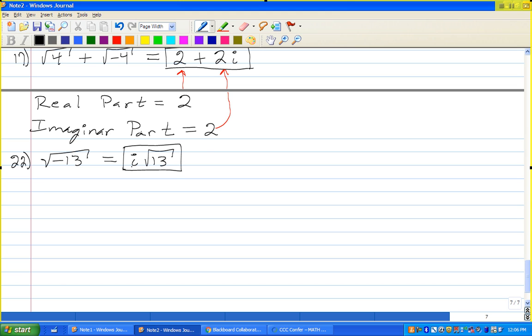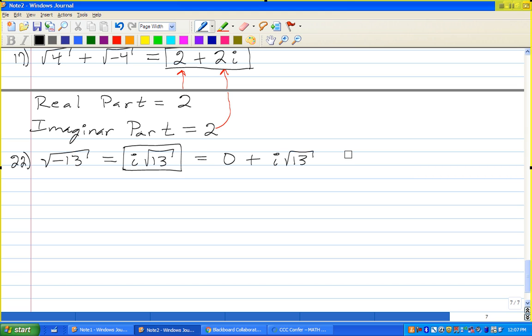You usually don't write it as 0 plus I rad 13. That would be the real part and the imaginary part. Usually you just write it where, if there's some part that's 0, then you just leave it unwritten.